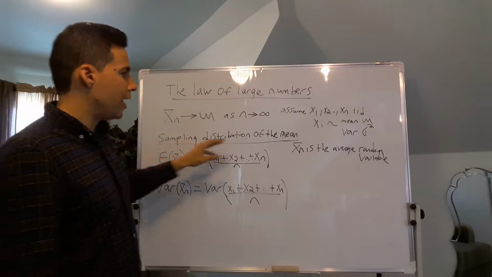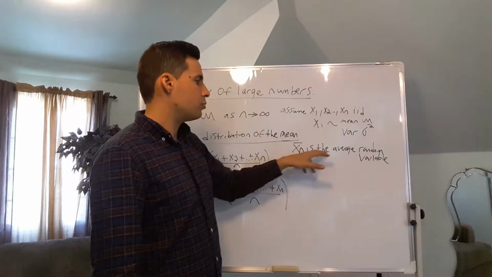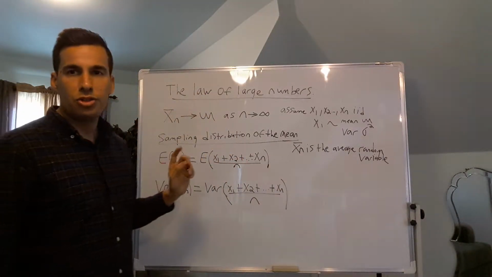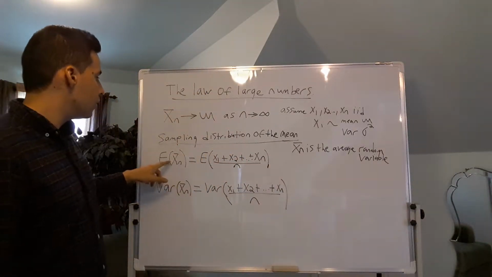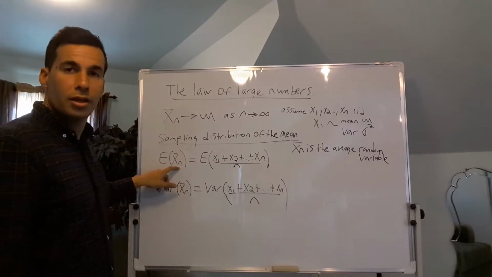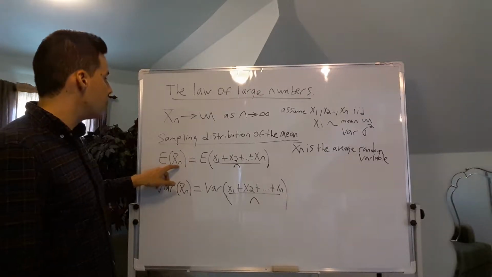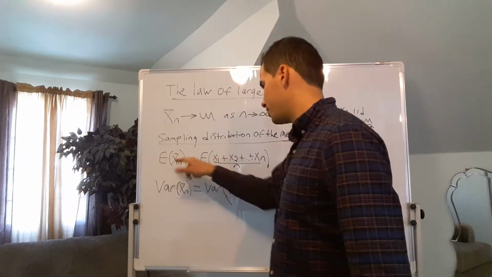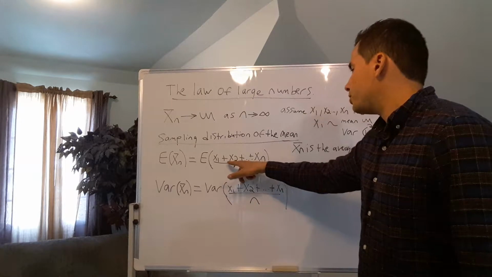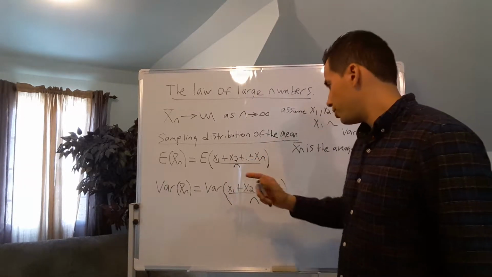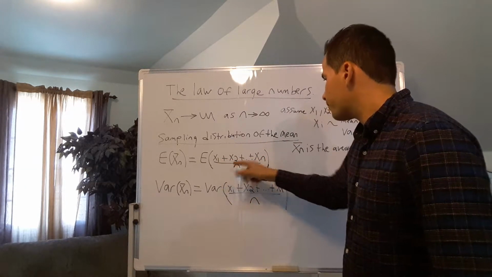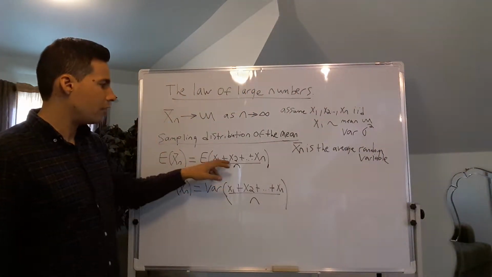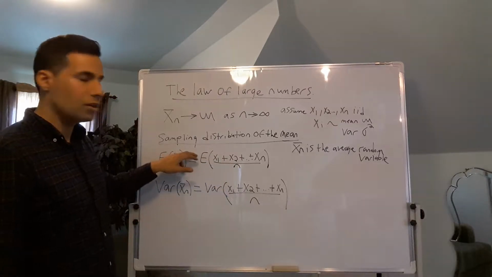Okay, so X̄n is what we're going to call the average random variable. To show this, we're going to take the expectation of X̄n. The expectation means the average of it, the expected value of what we expect this to be. Now, expectation is linear, and when you have a constant, you can pull that out in front.